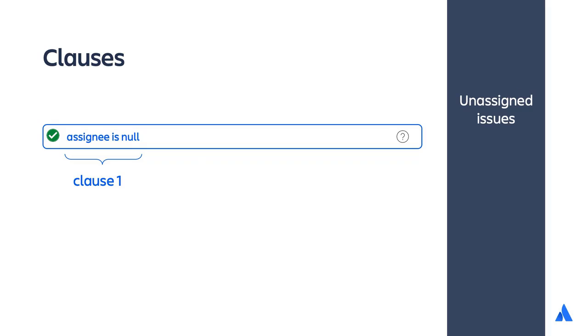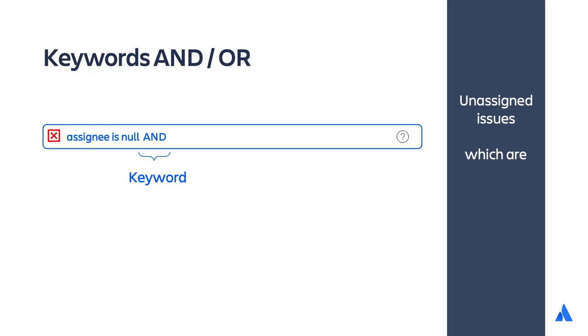This entire construction of fields, operators, and functions is called a clause. This query returns all unassigned issues in all of JIRA across all projects, assuming of course that the user has the right permissions. You can join clauses by using the keywords and or.